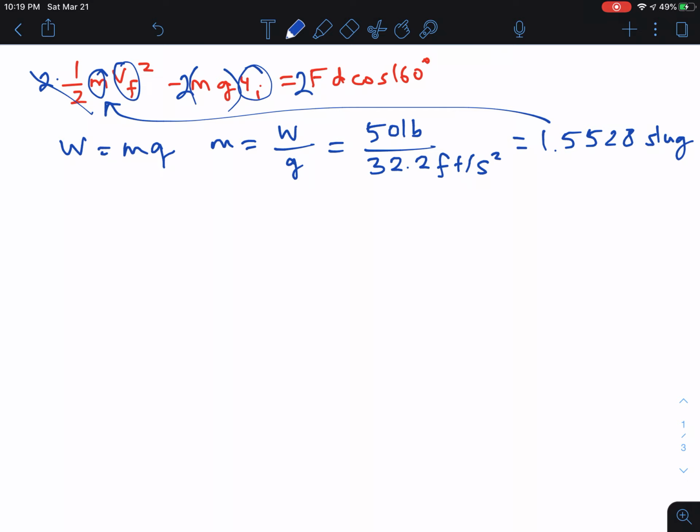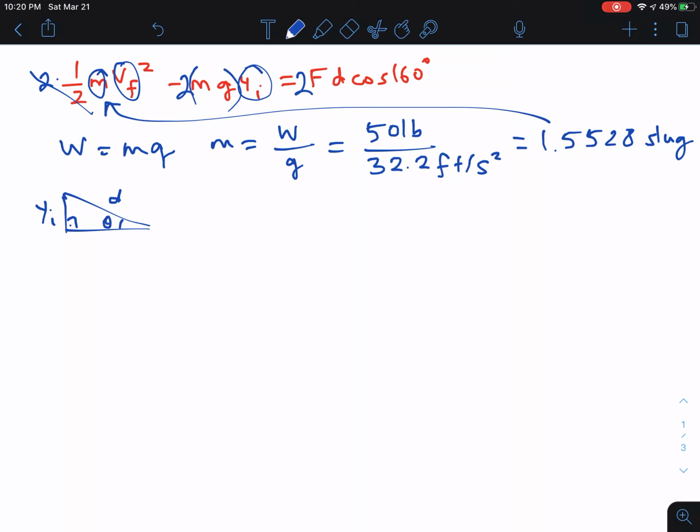And y initial is what? So let's think about that one. For the y initial, let's think about that triangle. This is the d, right? And right here is y initial, because it's measured from the bottom to top. And this is the angle, 25 degrees. Again, this is a right triangle, so we can figure out the relation between them.